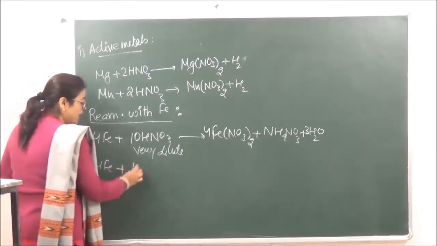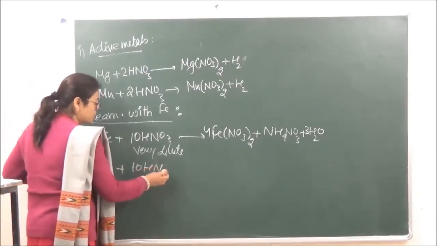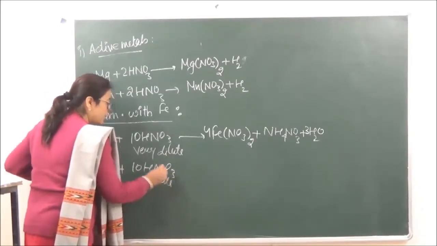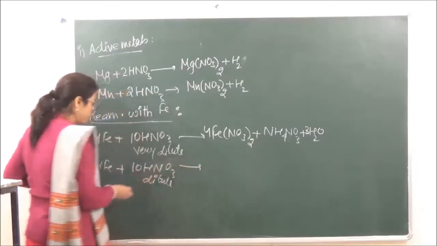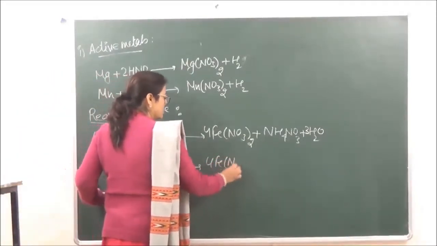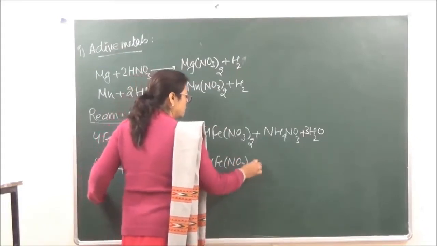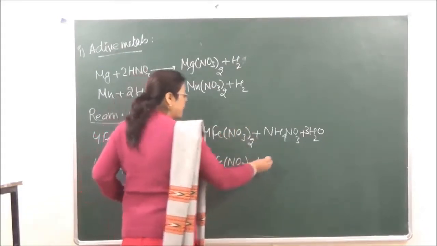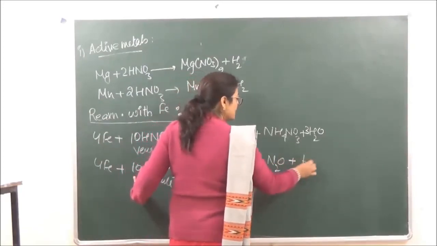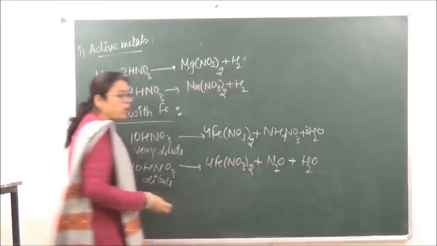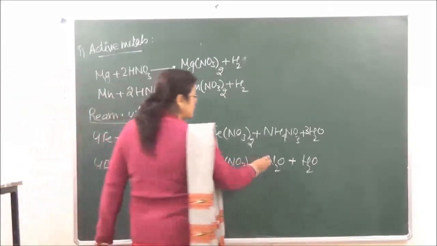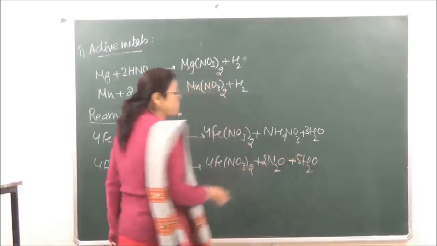With dilute acid, we will get nitrous oxide. So again, what are we going to get over here? We are getting nitrate plus nitrous oxide plus water. So this is also the same reaction which we got earlier, 2 and 5.